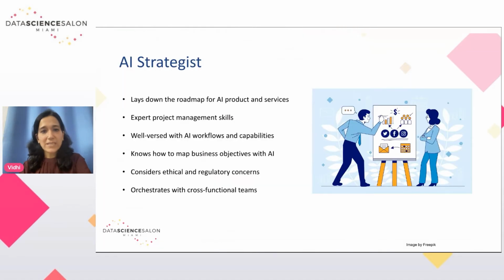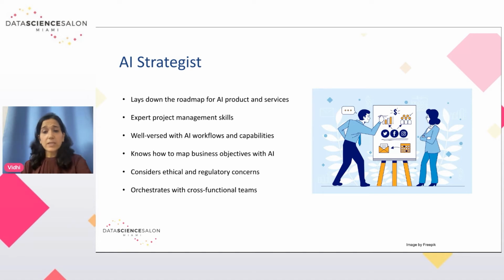That takes us to the next step, which is understanding the role of the AI strategist. A large part of it we understand by now, but let's talk about the formal definition of an AI strategist. So, an AI strategist, by definition, is the one person who is responsible for laying down the roadmap for all the AI products and services of that enterprise.